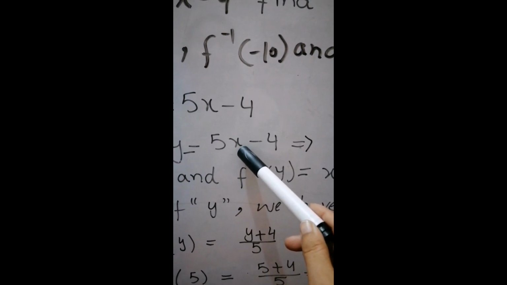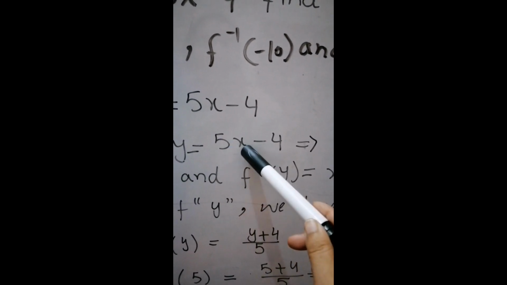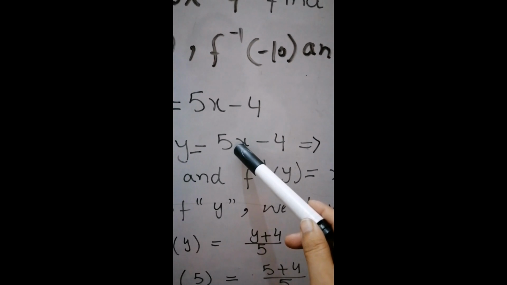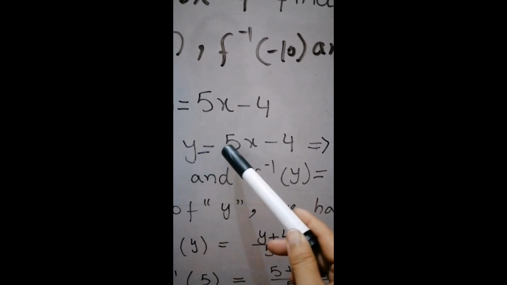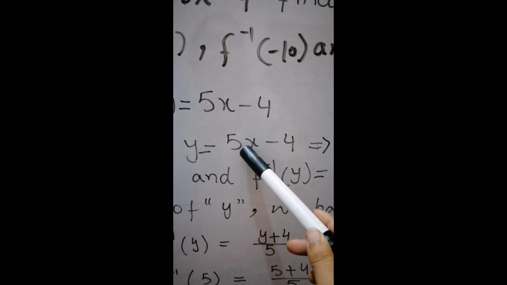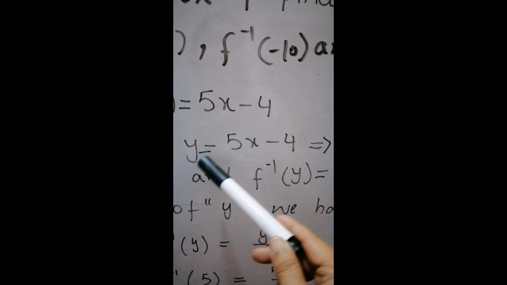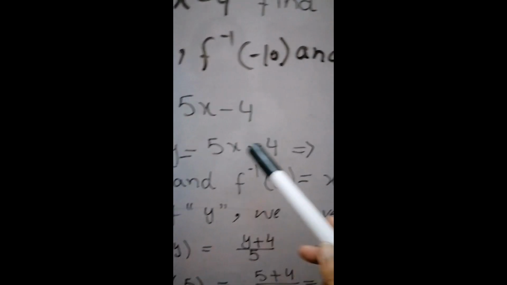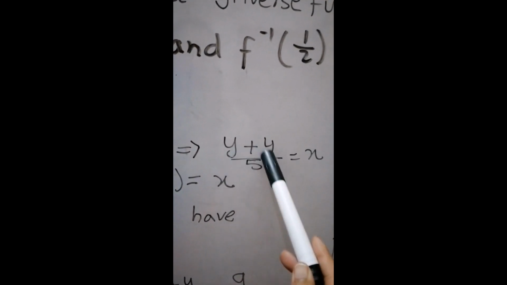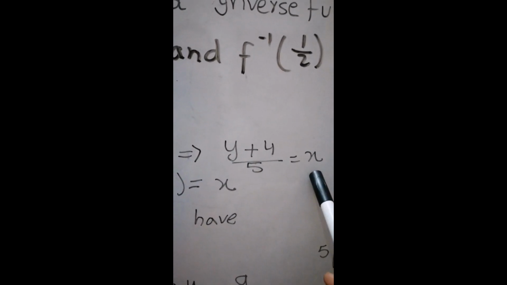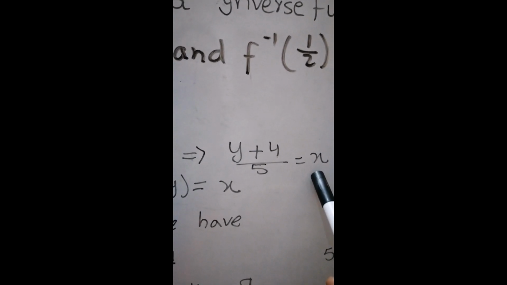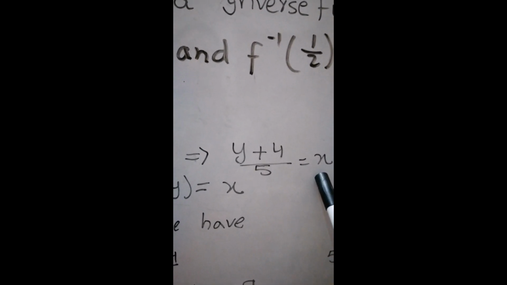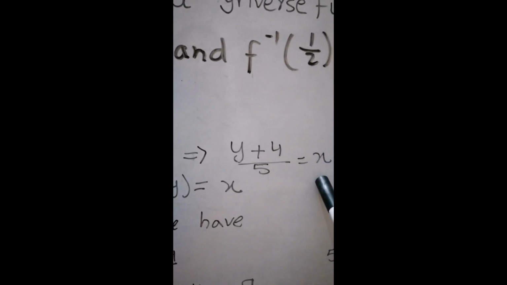We need only x, so 5 and x are multiplying over here, and when we transfer 5 to the other side of the equation, it will be the reverse operation, that is, it will be divided on the other side. So we will get y plus 4 over 5 equals x. From here we can find the value of x. But this is not our requirement. We have to find the inverse function of x.